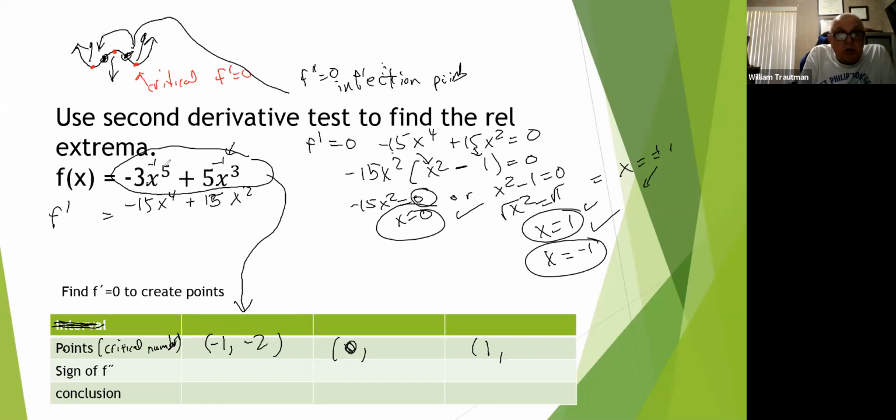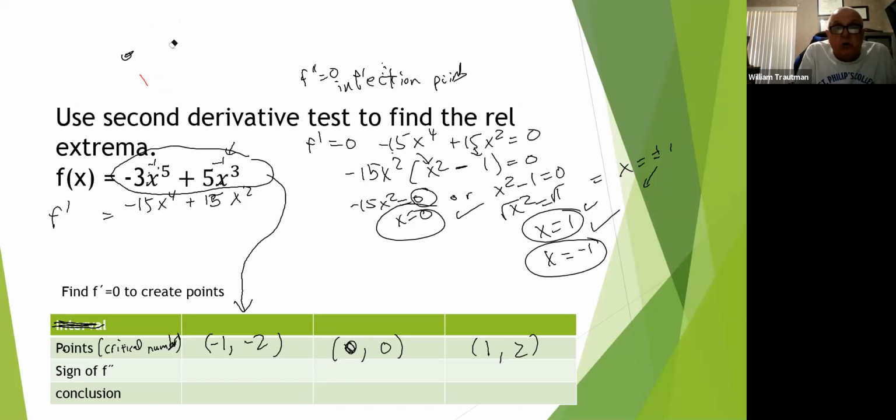If I plug 0 into the original problem, I get 0. If I plug 1 into the original problem, I get -3 plus 5, I get a +2. These are the coordinates where the peaks and valleys of our graph are.